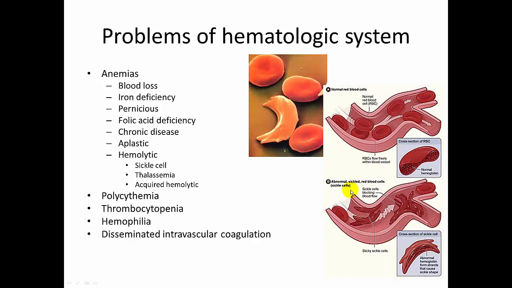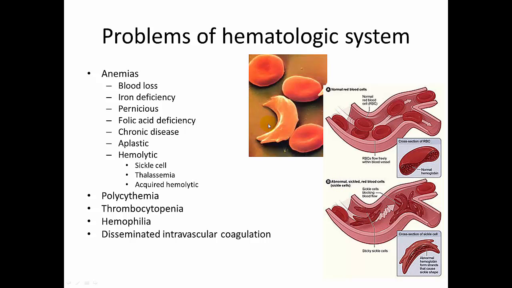But in sickle cell anemia, the hemoglobin is abnormally shaped. So with trauma, such as squeezing through a small vessel, or hypoxia, or anything that causes hypoxia, such as dehydration or hypovolemia, the hemoglobin changes to a rod shape or a sickle shape.